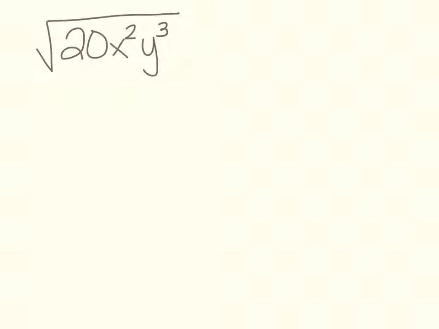Let's try another one. What about the square root of 20x squared y cubed? Well, I just want to draw your attention over here to what x squared and y cubed looks like. That's x times x and y times y times y. So the 20 is easy.